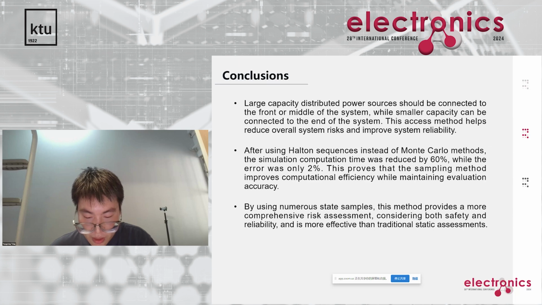Large capacity distributed power sources should be connected to the front or middle of the system, while smaller capacity can be connected to the end of the system. This helps reduce overall system risks and improve system reliability.